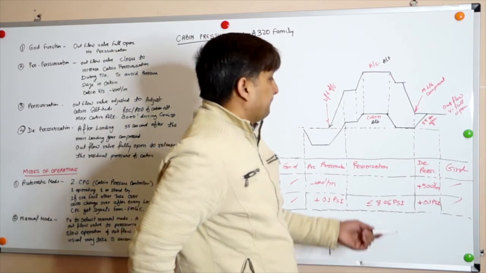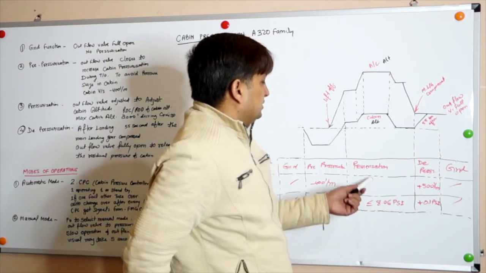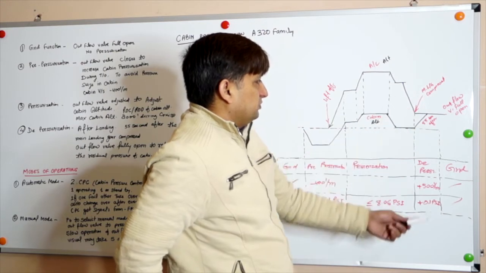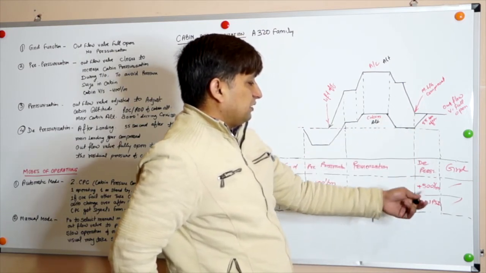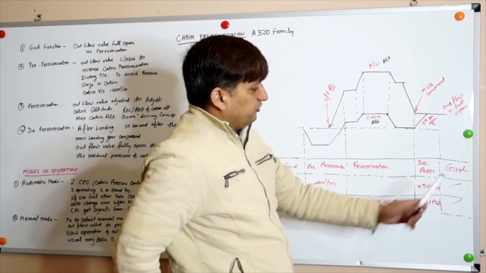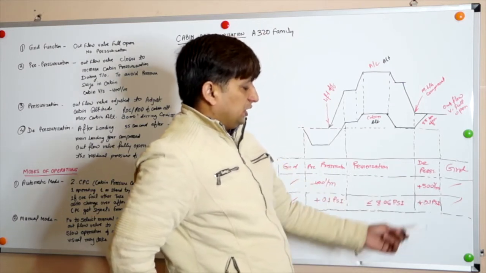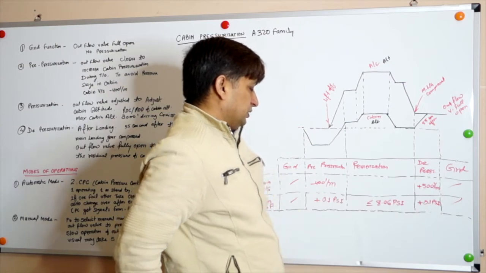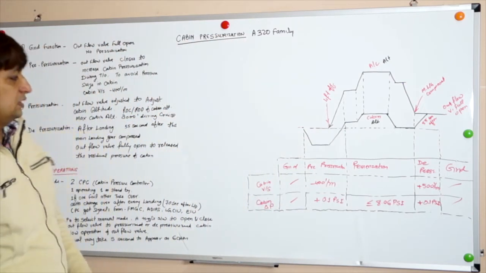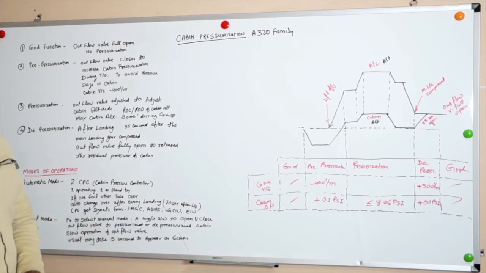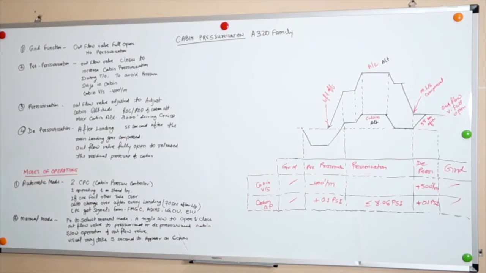So this is pressurization. After 55 seconds, this will go to depressurization. In case of depressurization, the cabin altitude will increase at the rate of 500 feet per minute, and delta pressure can go to 0.1 psi. So this is the brief, and now we will discuss more.